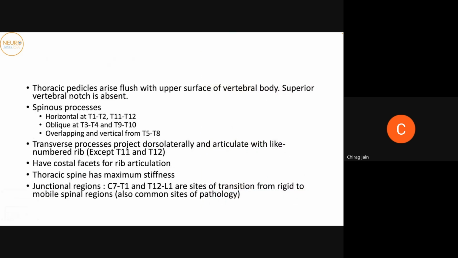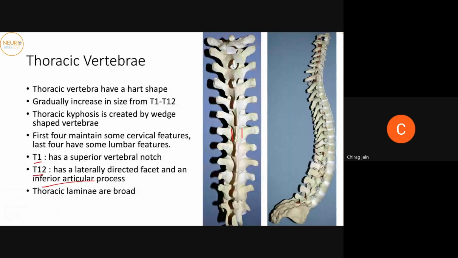The pedicles, as we have discussed with thoracic vertebrae, are going to arise flush with the upper surface of the vertebral body, and they will not have a superior vertebral notch, but they'll have an inferior vertebral notch. The spinous processes, as we can see over here, from the thoracic to the lumbar levels: the middle 4 spinous processes will basically point straight down, while if you go above that and below that, they'll have a little bit more oblique direction.